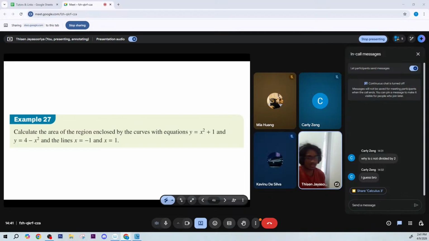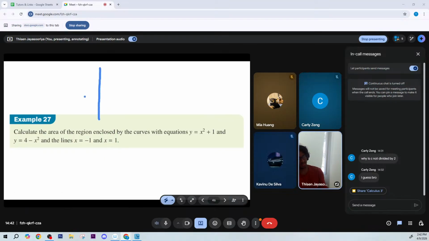The big thing that you notice is that you need a graph in order to do these. You need a graph in order to understand what the top function is and what the bottom function is. So here, it says calculate the area enclosed by the curves with the equation y equals x squared plus 1 and y equals 4 take away x squared, and the lines x equals 1 and x equals 2.